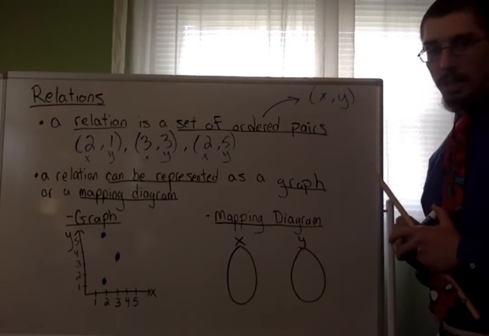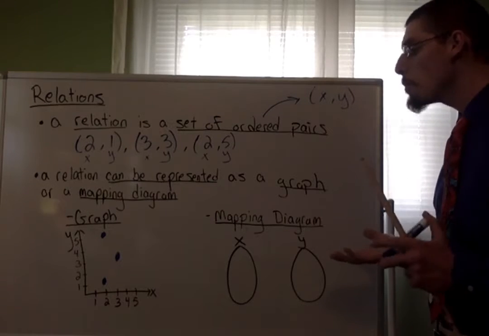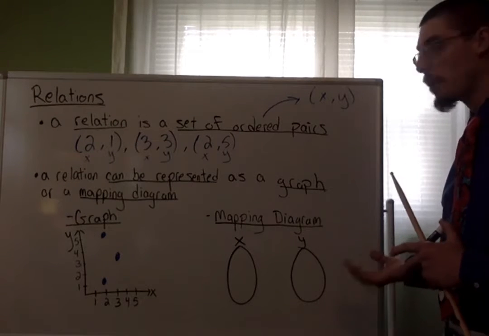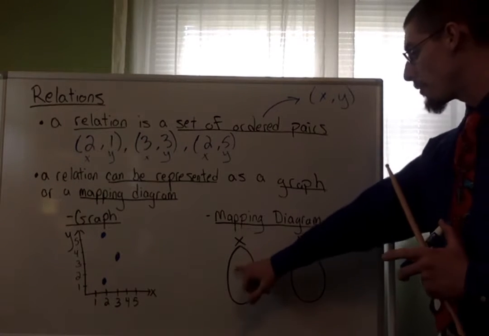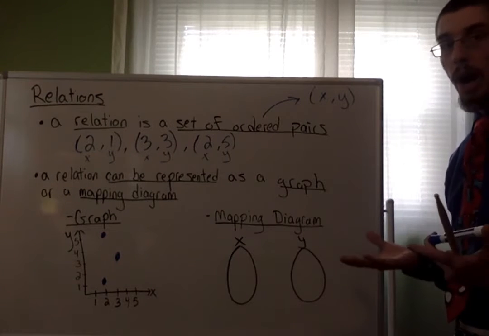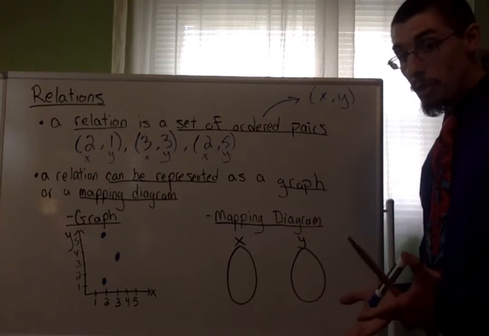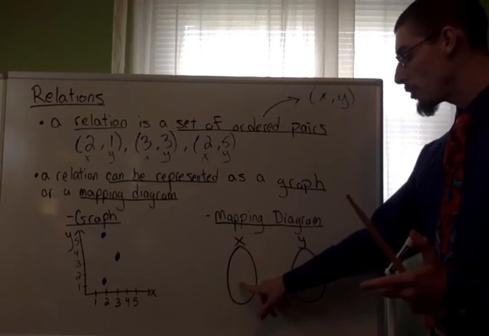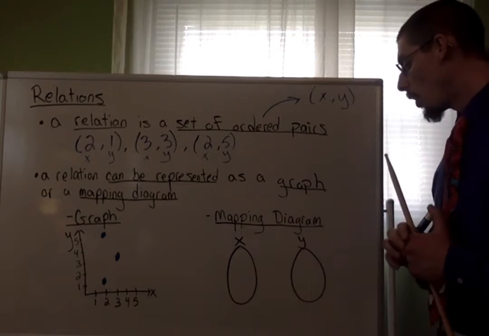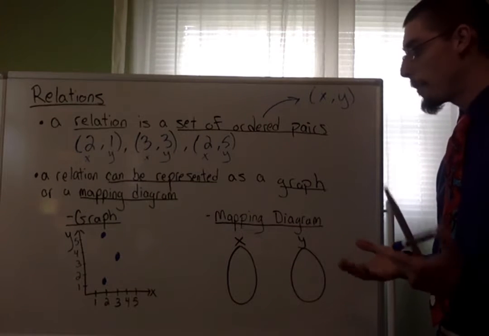Now, a mapping diagram is something you may or may not have seen before. It's a pretty simple concept, though. So you might notice the way I started it, you have one circle to represent x, one circle to represent y. So what you do is all the x numbers go in the circle for x, surprise, surprise. All the numbers for y go in the circle for y.